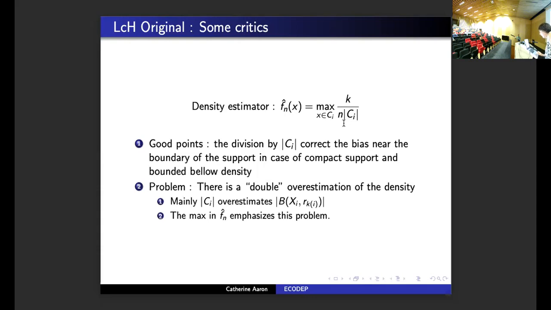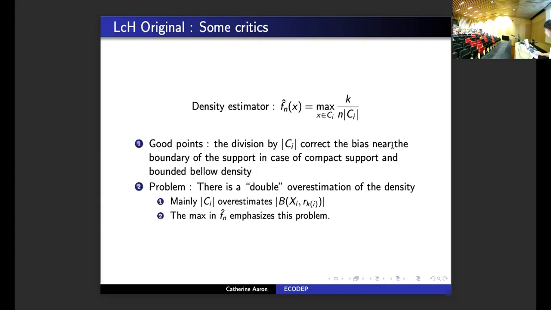This volume is clearly lower than the volume of the ball, so you divide by something too small and you overestimate. And moreover, you take this max, so you get a huge overestimation. That's the not-good point.